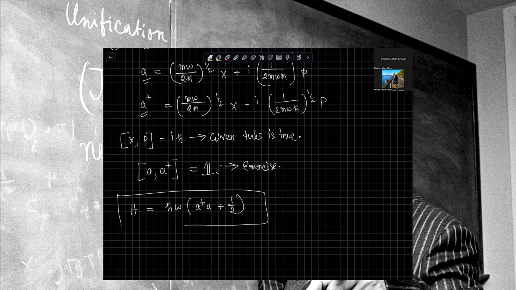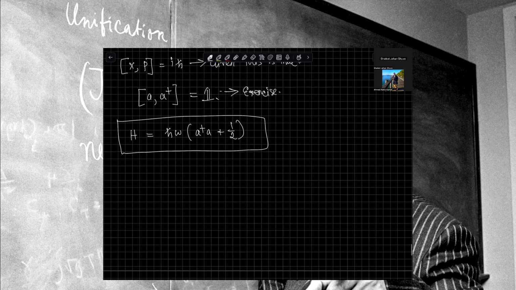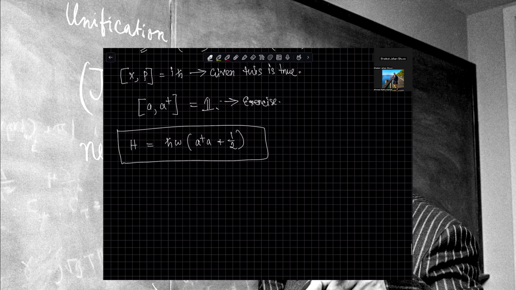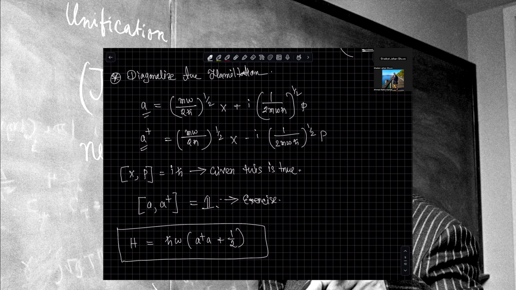So this looks pretty nice. Why? Because these a's are operators as well, and as you can see from these two equations, a and a dagger are not Hermitian. However, a dagger a is Hermitian.